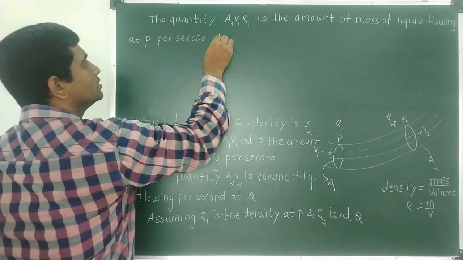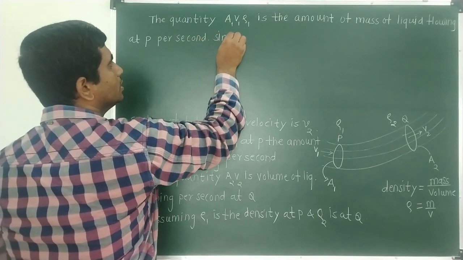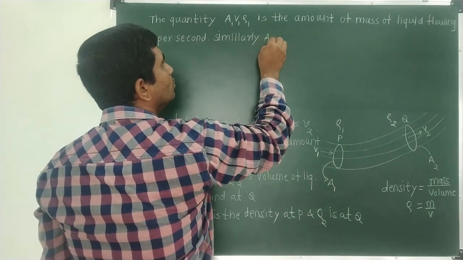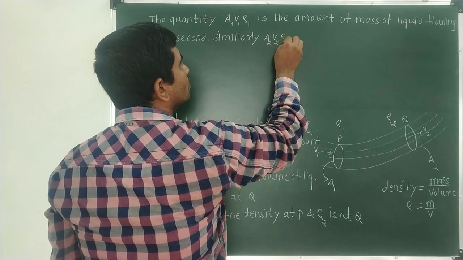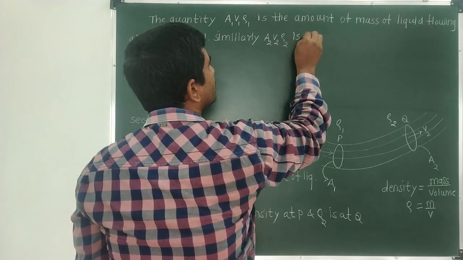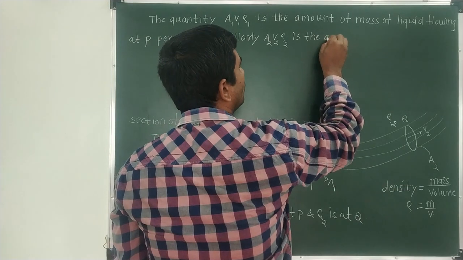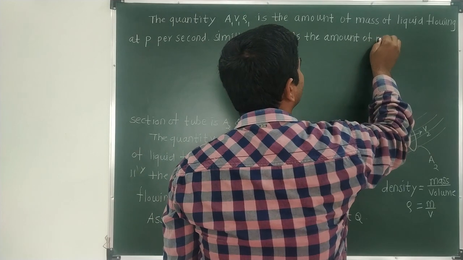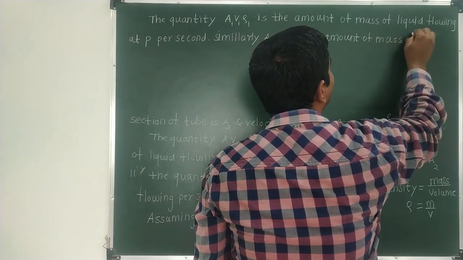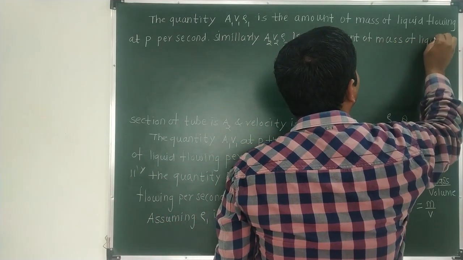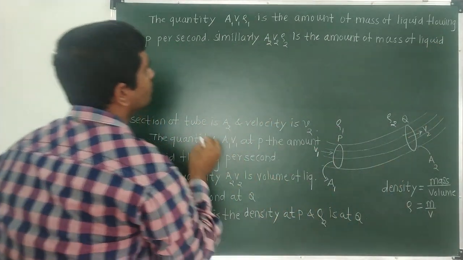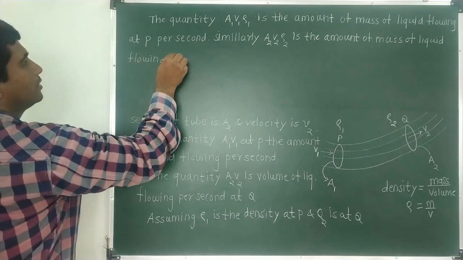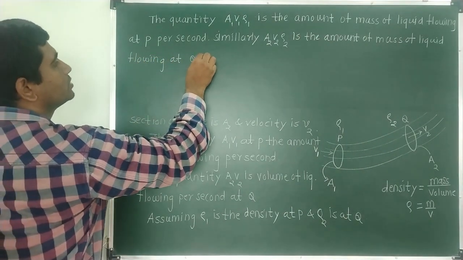Similarly, if we consider A2, V2, ρ2, it is the amount of mass of liquid flowing at point Q per second.